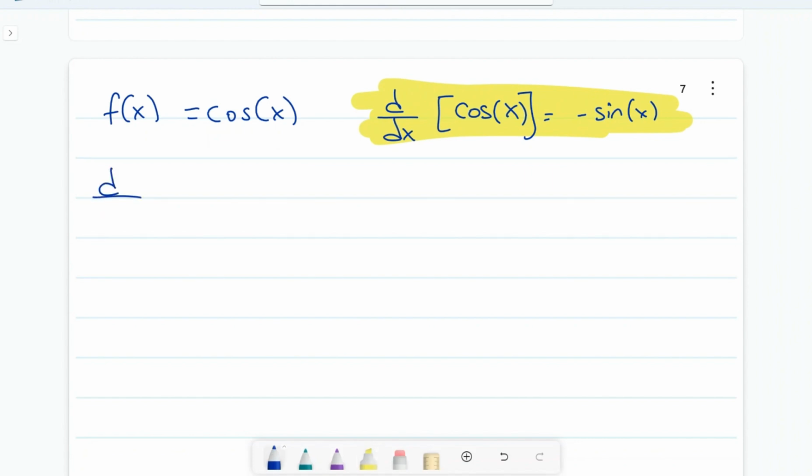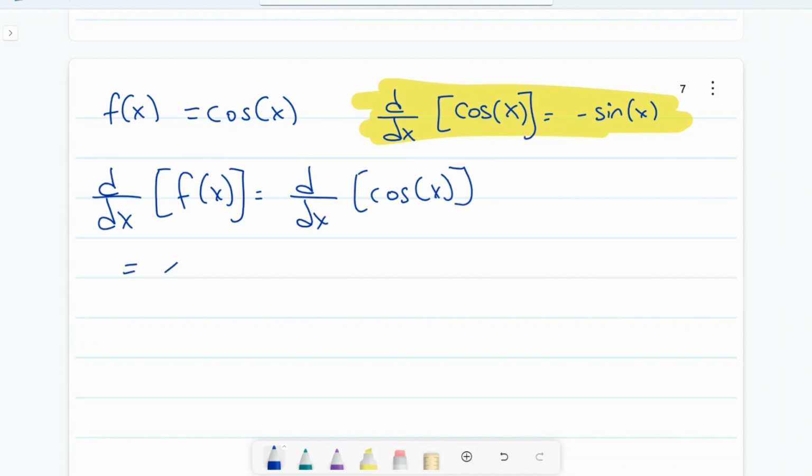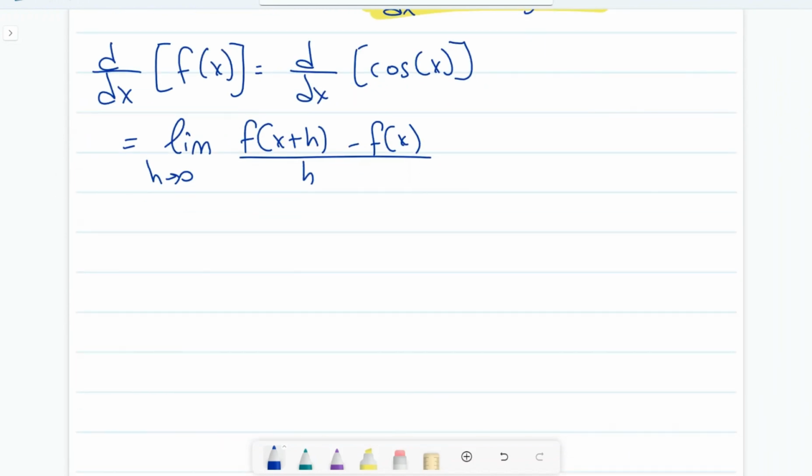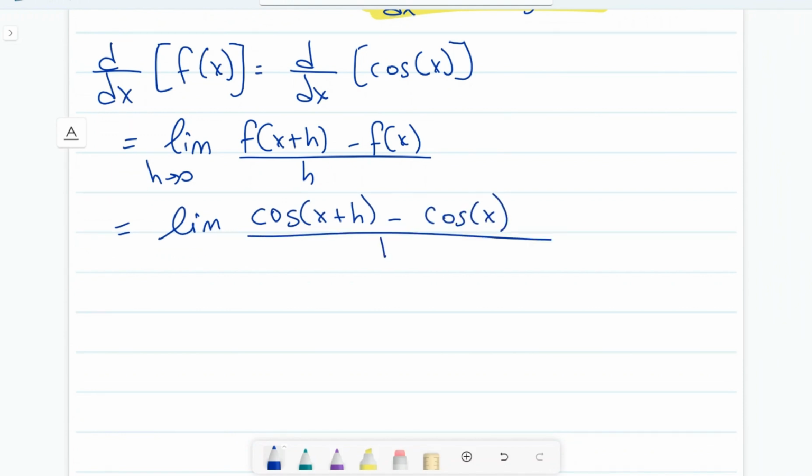So first of all, the derivative of f of x equals the derivative of cos x. Let's start with the definition. And now, what is f of x plus h? f of x plus h is cos of x plus h. f of x is cos of x, divided by h.